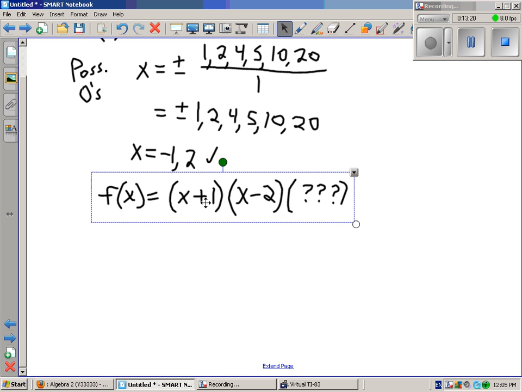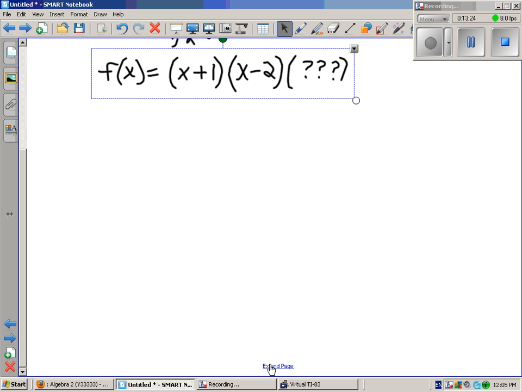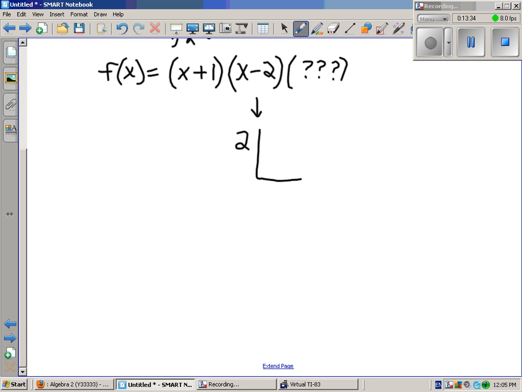So the fastest and easiest way to do that is to use synthetic division. So let's go ahead and do that. I'm going to do the 2 first. So 2 going into x to the fourth minus 7x cubed plus 14x squared plus 2x minus 20.